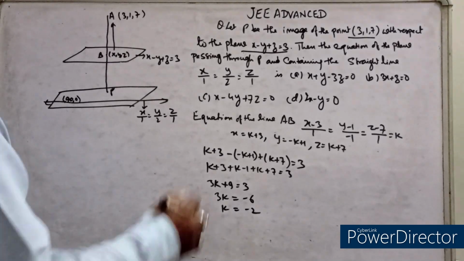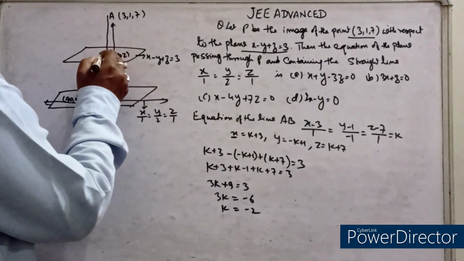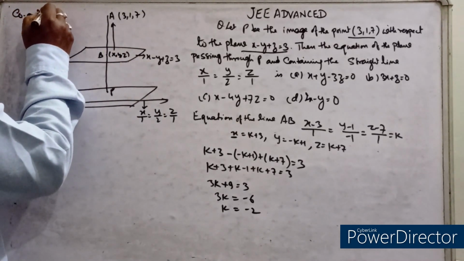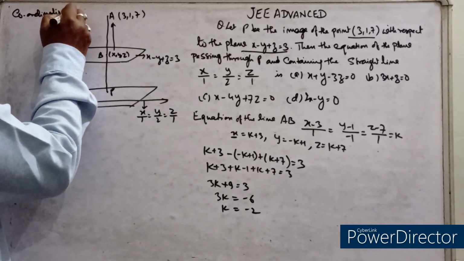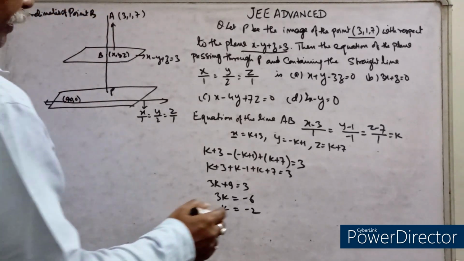So we get the coordinates of this point B. What will the coordinates of point B be?